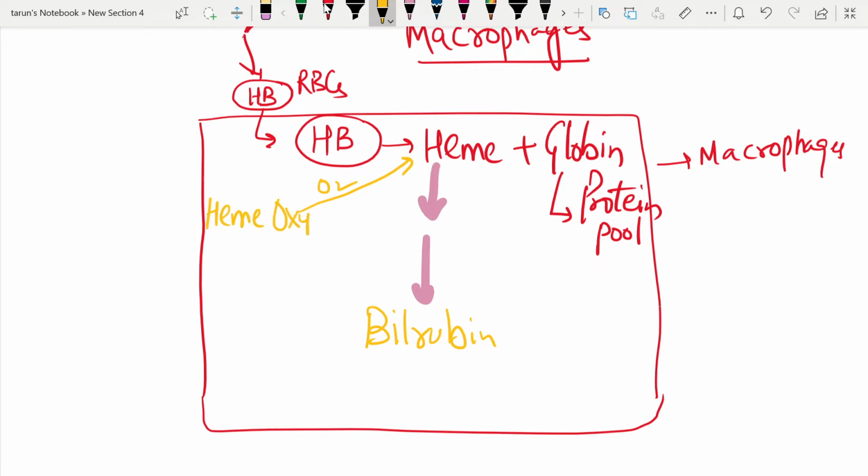The second enzyme gives hydrogen, that is the biliverdin reductase.